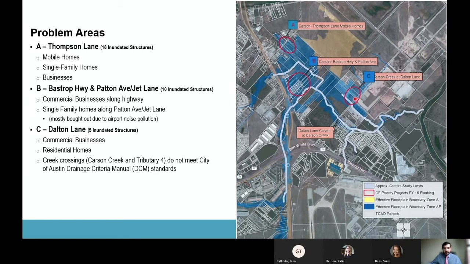In that area, there are a few residential structures, a few commercial businesses, and then this Dalton Lane that runs here, where there are a couple of crossings over Carson Creek and tributary 4. Both of those crossings get overtopped frequently and flood the area. So these are the main problem areas that we are focusing our study on.